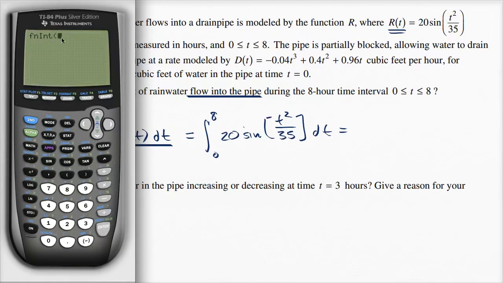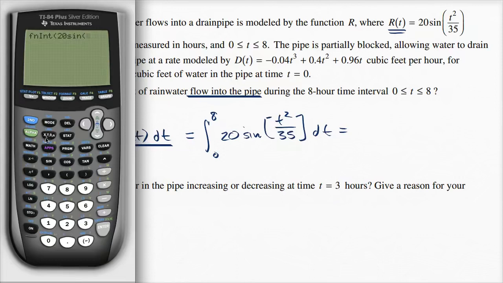You first define the function, then put a comma, then say which variable you're integrating with respect to, and then put the bounds of integration. Because it's easier for me to input x than t, I'm going to use x, but if you view this as sine of x squared over 35 dx, you're going to get the same value.